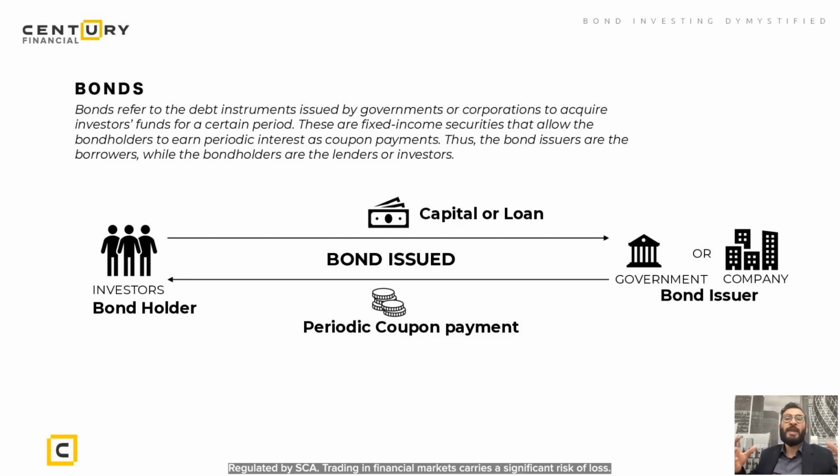Vice versa, if they feel that inflation is too low, it is inching towards deflation, people are not spending enough money, they make loans cheaper. They reduce the cost of borrowing, so people borrow more money from the banks and they spend, right? So this is the idea behind bonds.